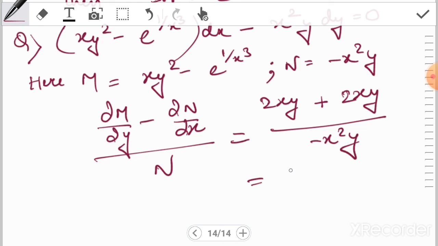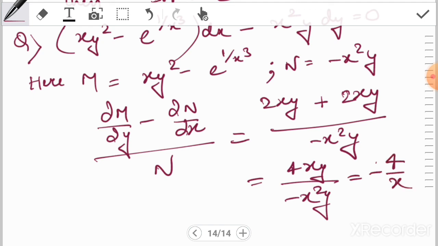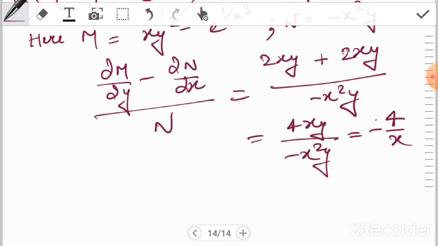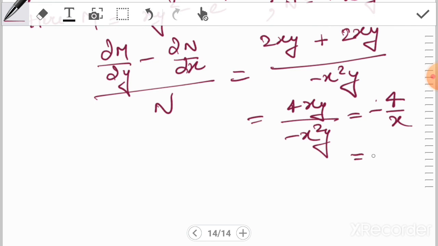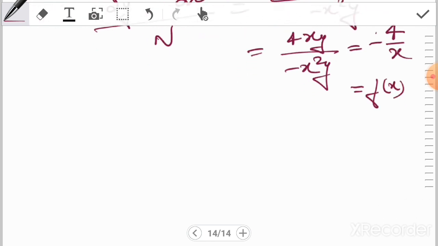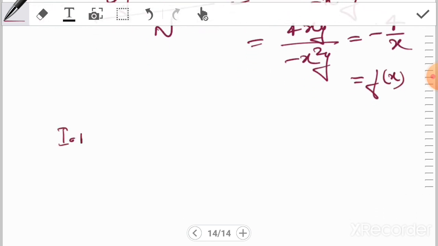This will be equal to 4 times xy by minus x square y, which is minus 4 by x. Okay. Now we have got this as a function of x only, which is f of x.